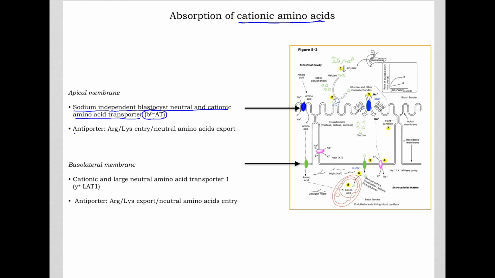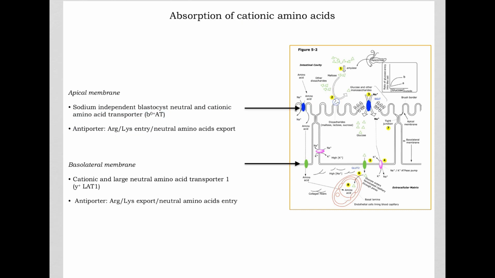And these proteins are antiporters, so they basically bring in the basic amino acids into the cell, arginine and lysine, while at the same time exporting the neutral amino acids. So neutral amino acids are exported out of the cell, cationic amino acids are brought into the cell.